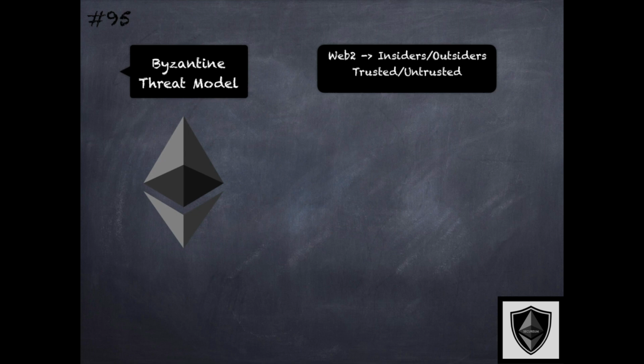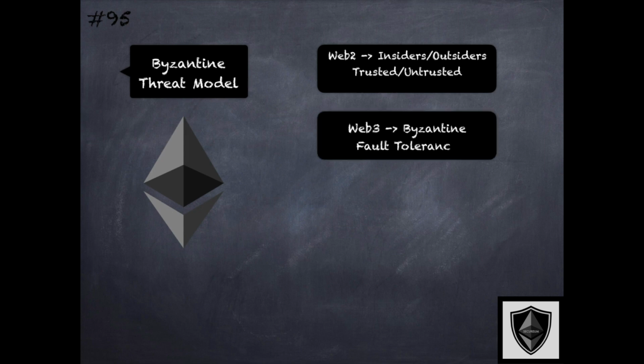But if you look at the products and the evolution of some of these products in the Web2 security space, be it antiviruses or firewalls or any of the network security, perimeter security devices and applications, there is still an aspect of insiders and outsiders.